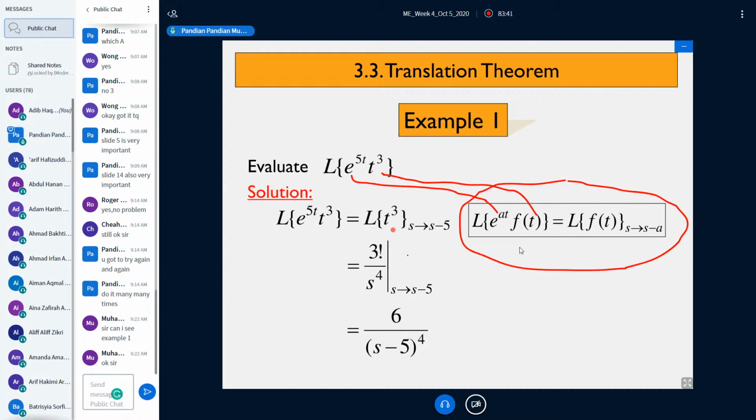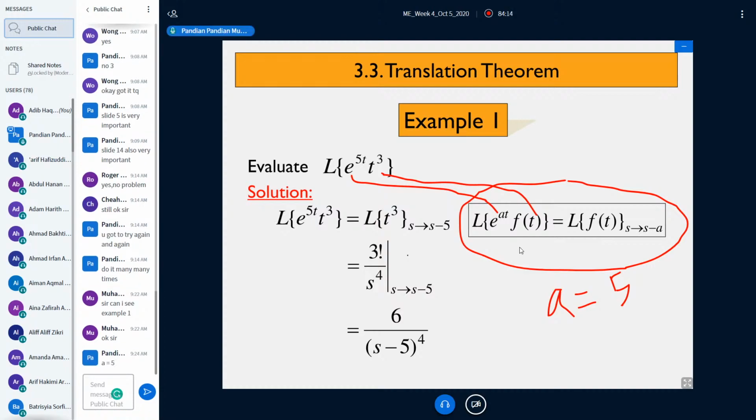Laplace of t cubed, going back to your Laplace formula, t^n gives n factorial over s^(n+1). So n is 3, 3 plus 1 is 4, 3 factorial. But your s is s minus a, and your a is 5 here. Write down, a equals 5. So s becomes s minus 5.